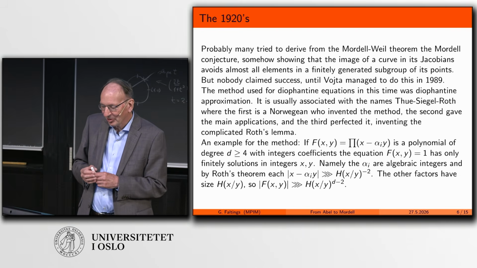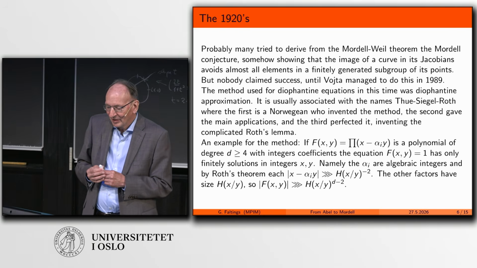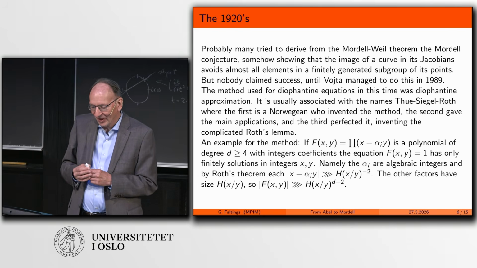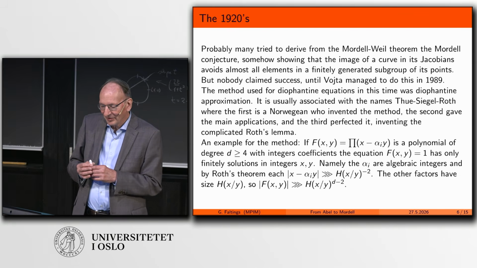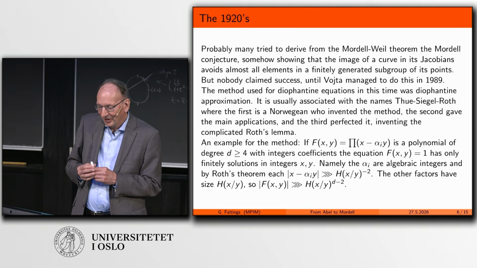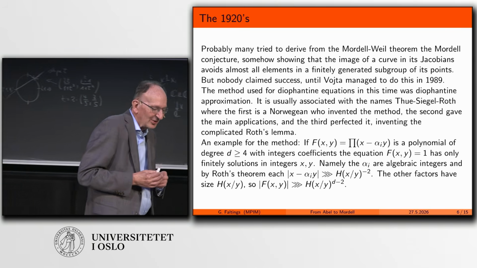Because it was invented by a Norwegian, I'll give you an example of how this works. Let's say you have a polynomial f of degree 4 with integer coefficients, and you want to show that the equation f(x,y) = 1 has only finitely many solutions. The idea is, if you have a solution x over y, you write f(x,y) as the product of linear factors.